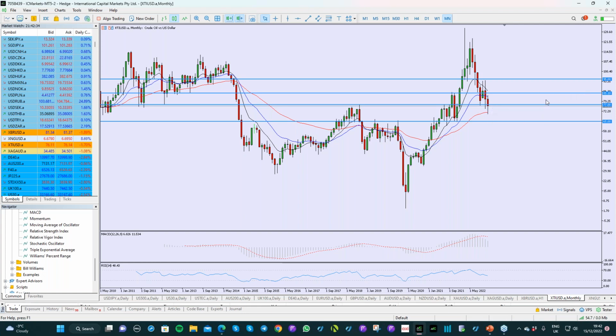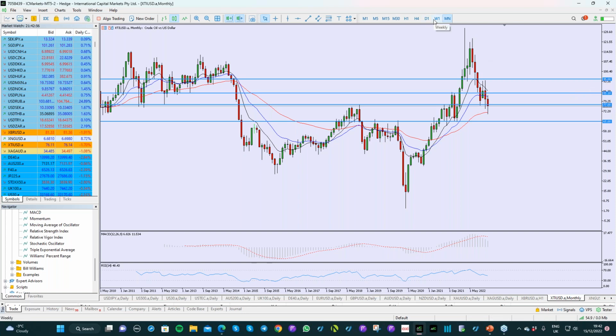Above price, I've got a level at around 85.10 or thereabouts. That's the level that was support from all the way back in 2012, 2013. And above that is more of a kind of weekly level at $95 there.